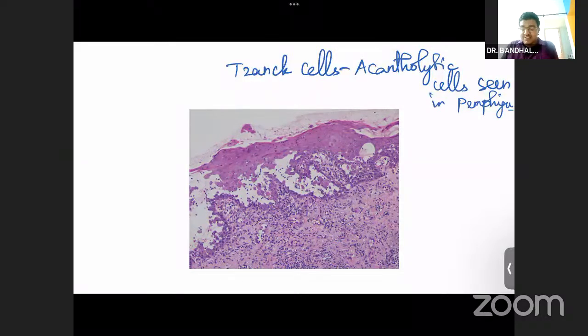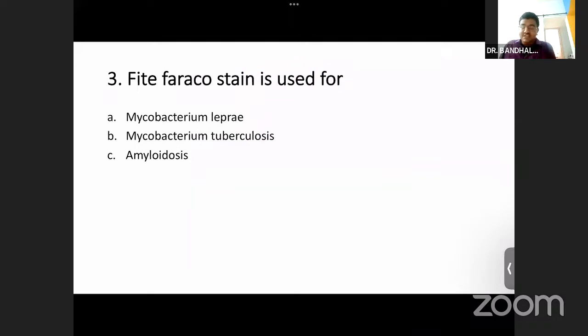So Tzanck cells are acantholytic cells. We know acantholytic cells are seen in the pemphigus group of disorders, right? The next question asked was: Fite-Faraco stain is used for A, Mycobacterium leprae, B, Mycobacterium tuberculosis, C, amyloidosis. For this question, we should know the common stains used for each condition.